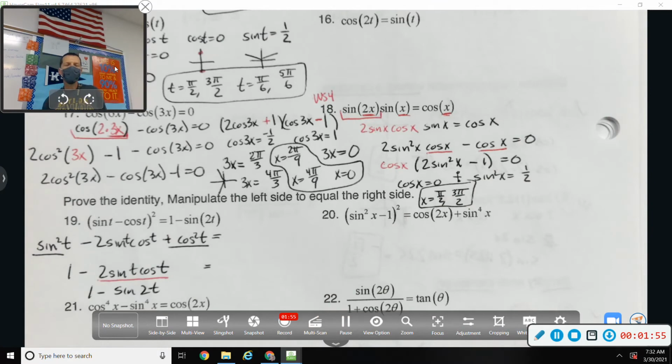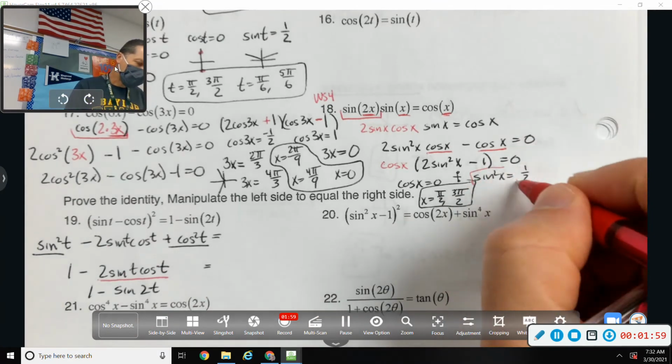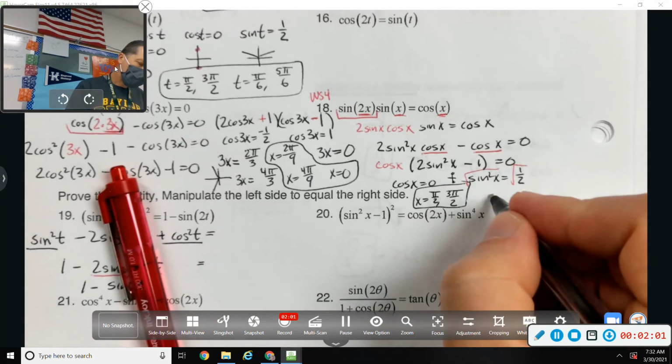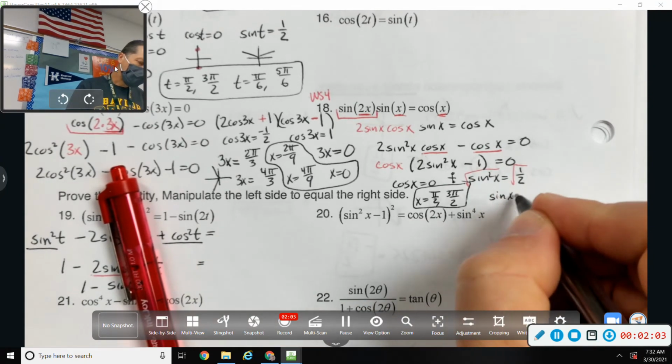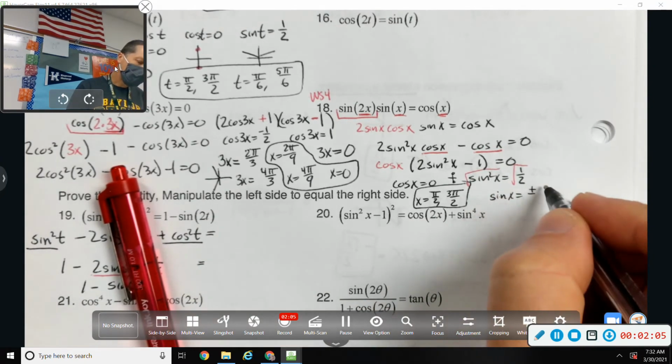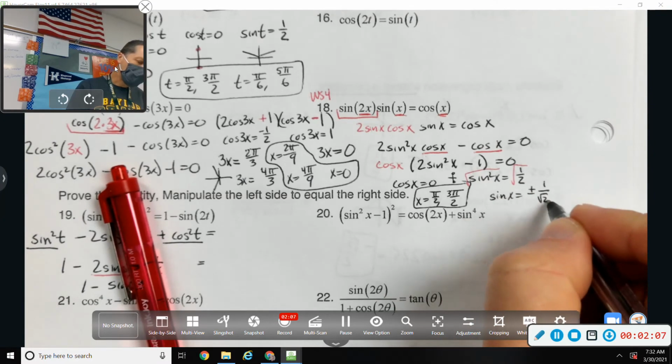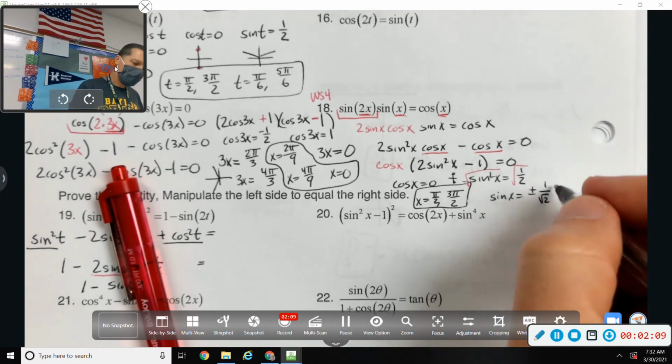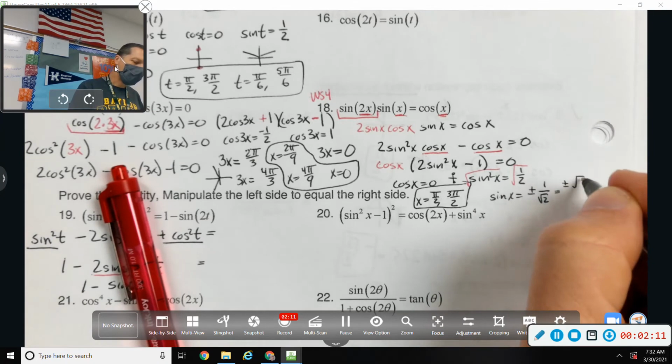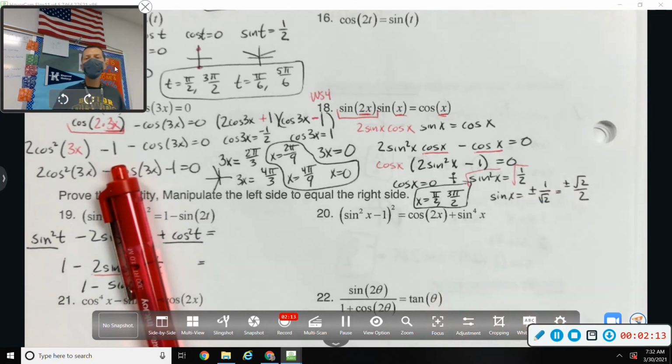The other one needs a little bit of work. You need to square root both sides. So sine of x equals plus or minus 1 over the square root of 2, which is the square root of 2 over 2, which is rather convenient because that's a unit circle value.